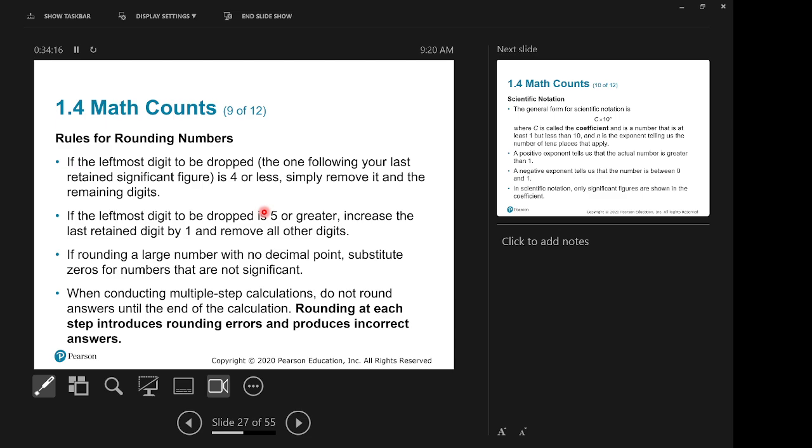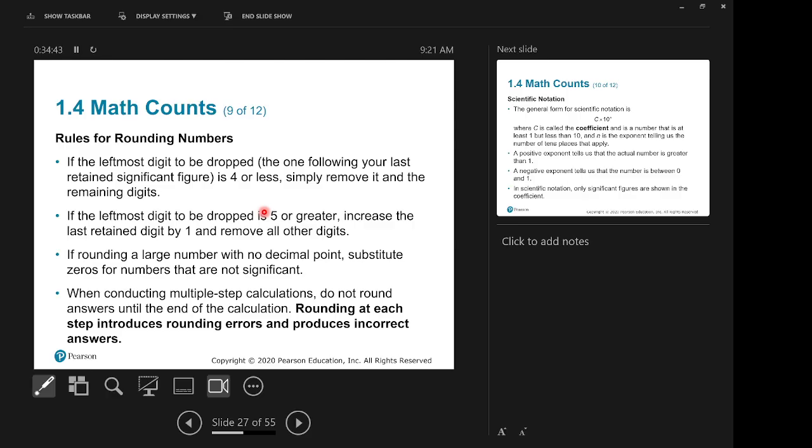Can you do an example of the 5, like rounding up? Yeah. So let's go ahead. Let's say I want to round this to the tens place. According to them, I'm going to round this up to 60, and that's how I would write that. Does that make sense?